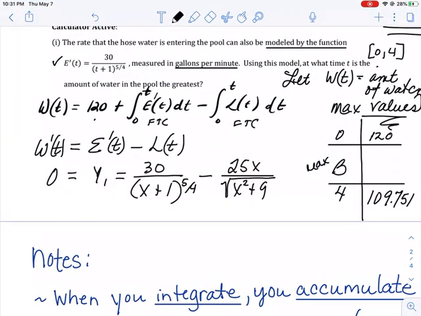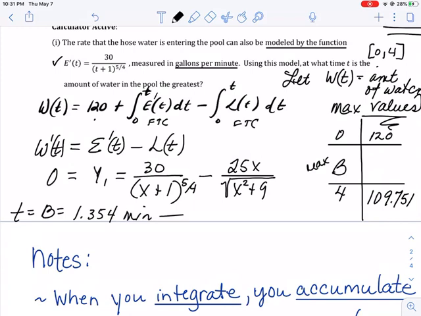So our answer would be b is equal to 1.354. This is our t, and that would be minutes.